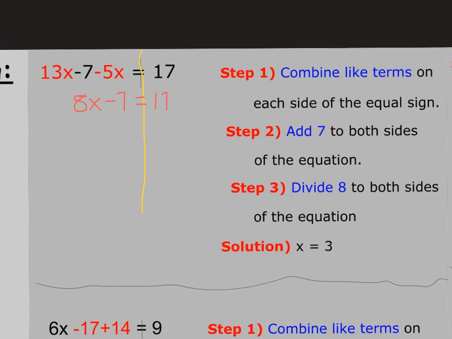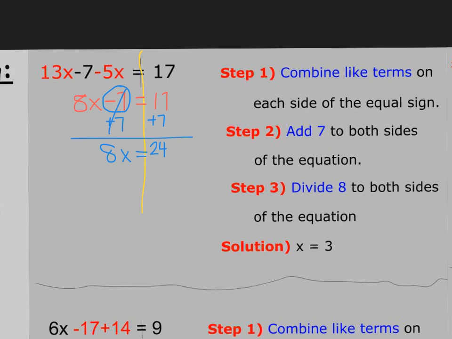Okay, so we just did step number 1. Now step number 2, we need to cancel out the term that is not directly connected with the variable, so that's going to be the negative 7. So the minus 7 will be added to both sides of the equation. Okay, I still have 8x on the left side. Calculate 17 plus 7 and you will end up with 24.